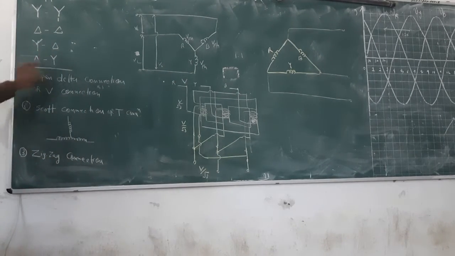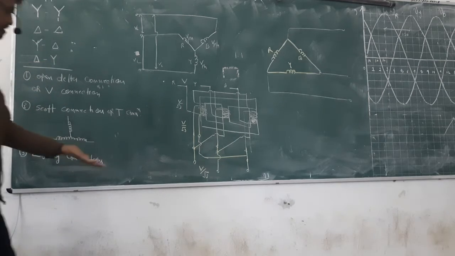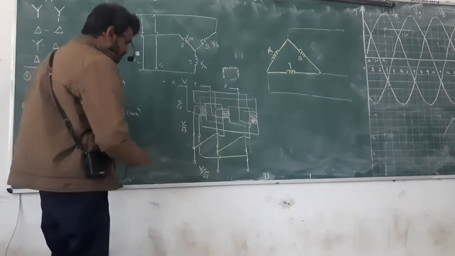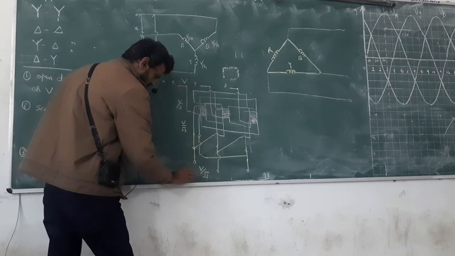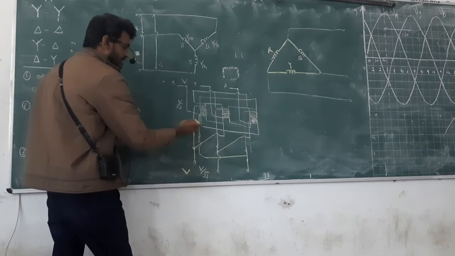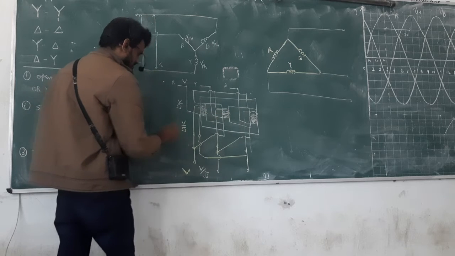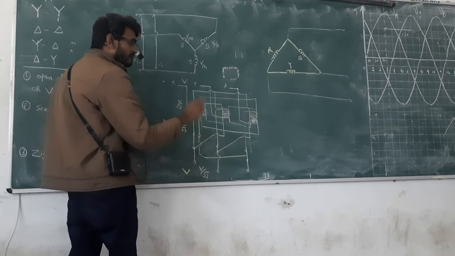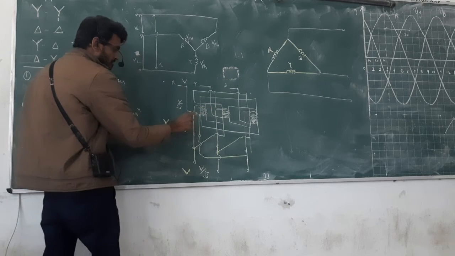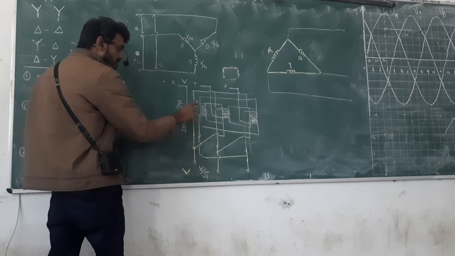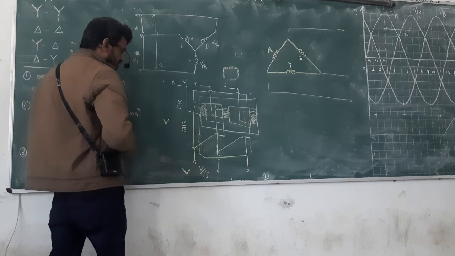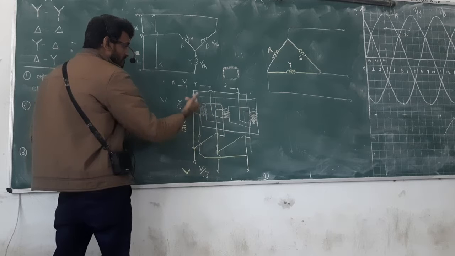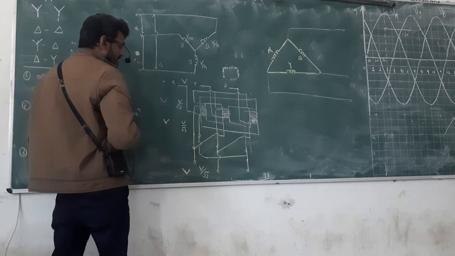And if it is delta star, then the voltage will be higher. So you can say that from here to there. If you give here a V voltage, it is connected in delta, so the same voltage will appear on the phase. Whatever voltage the phase has, it will induce on the primary side. So the same voltage will be induced into the white winding, so it will be V, and that is collected line to line, but it is star, so it will be root 3 times higher.